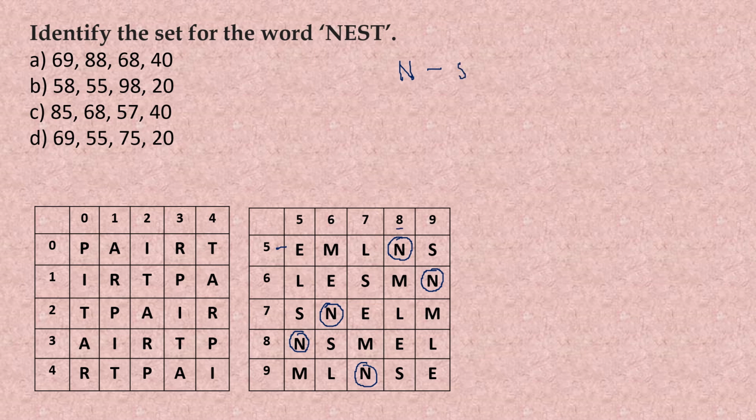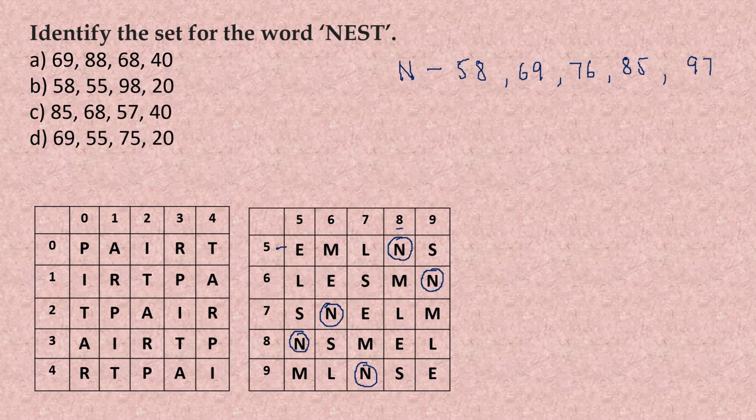That makes it 58. Similarly, for the second N, it becomes row 6, column 9, 69. For the third one, it's going to be 76. For the fourth one, it becomes 85. And for the fifth one, it becomes 97. So these are the 5 possible values for N.